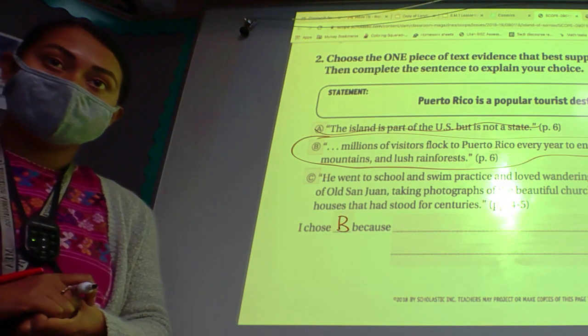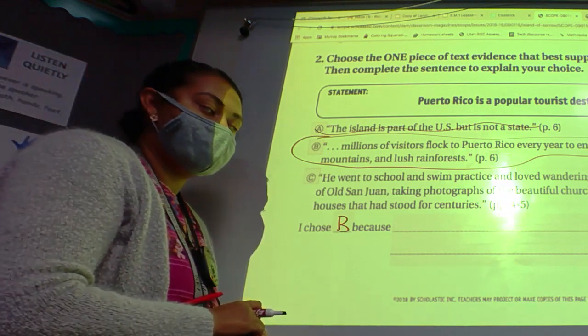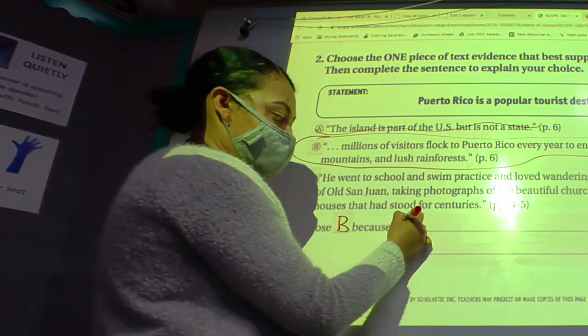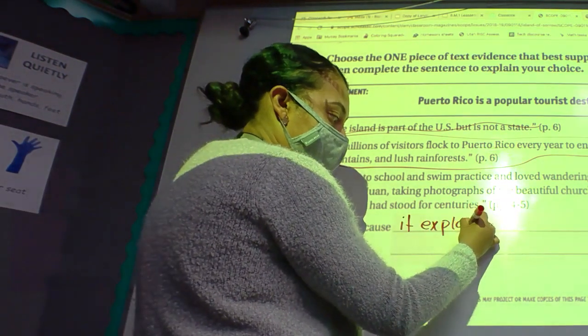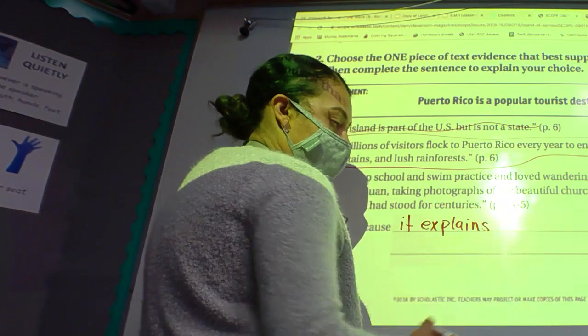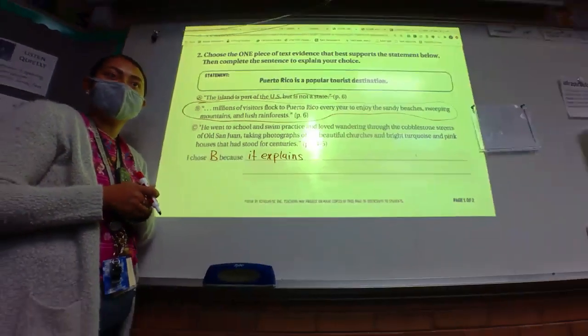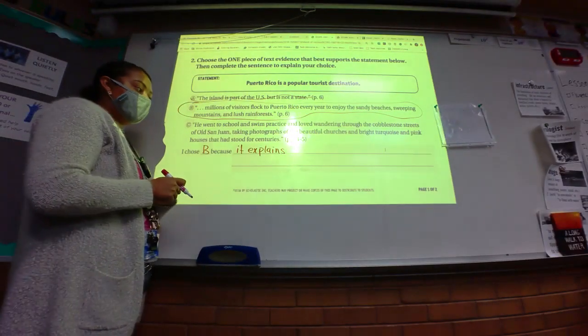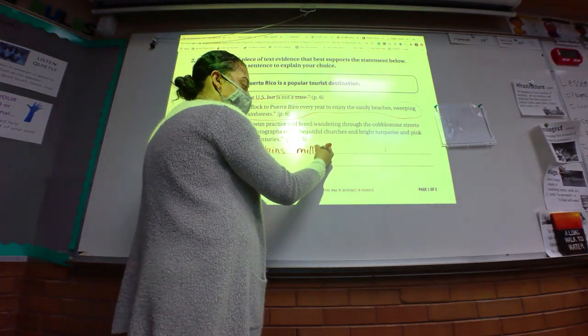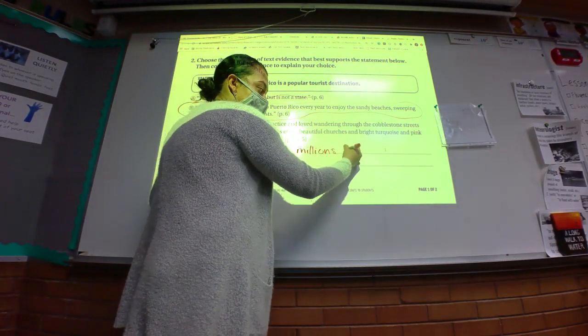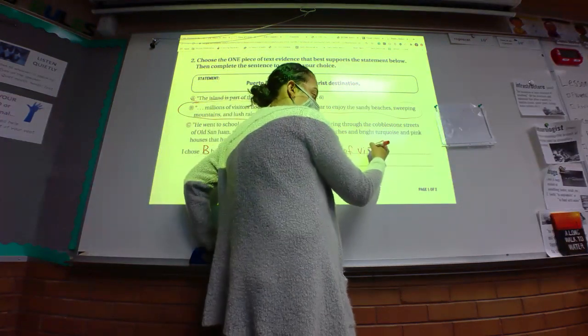Ledger? Because it said millions of visitors flock to Puerto Rico every year to enjoy the sandy beaches, sweeping mountains. Good. So because it explains millions of visitors.